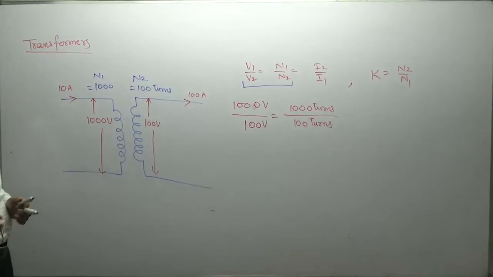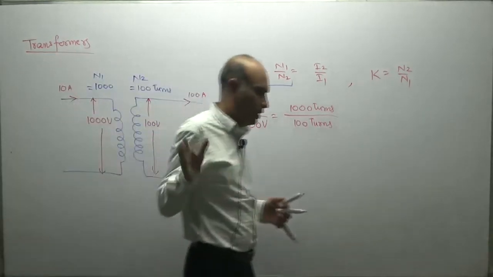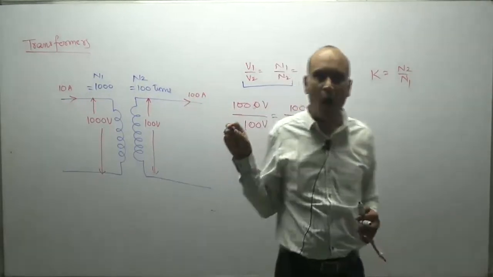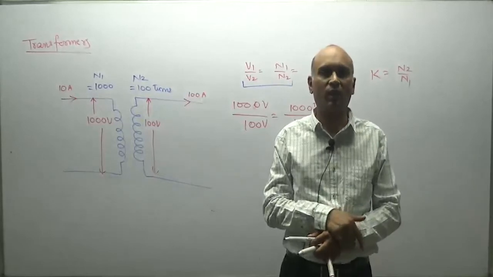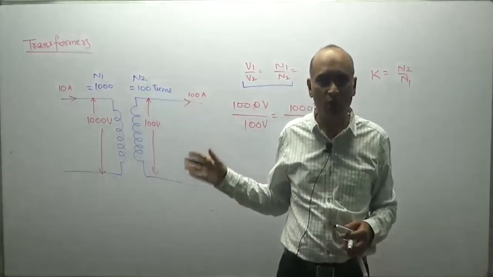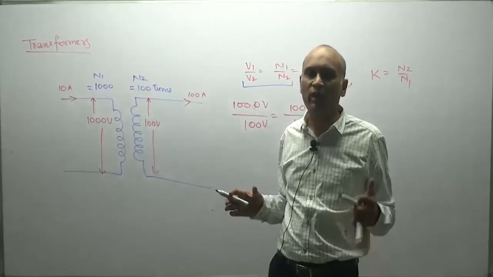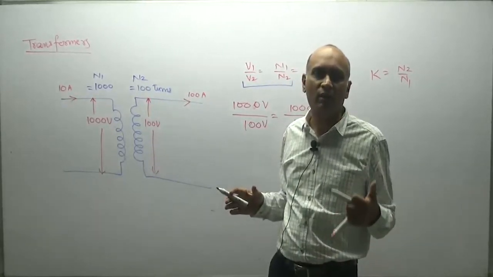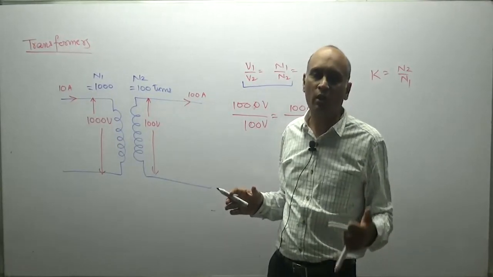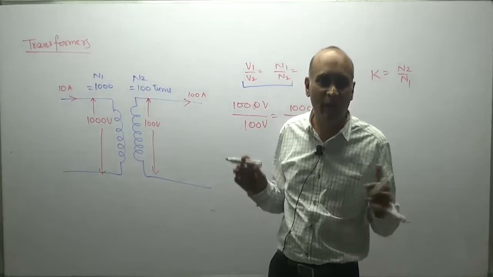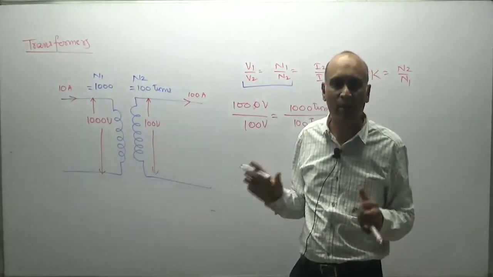Now my first question is, in this circuit, how much is the load on the transformer? Load on the transformer is always in VA or kVA. It means the load on the transformer is always calculated in apparent power.